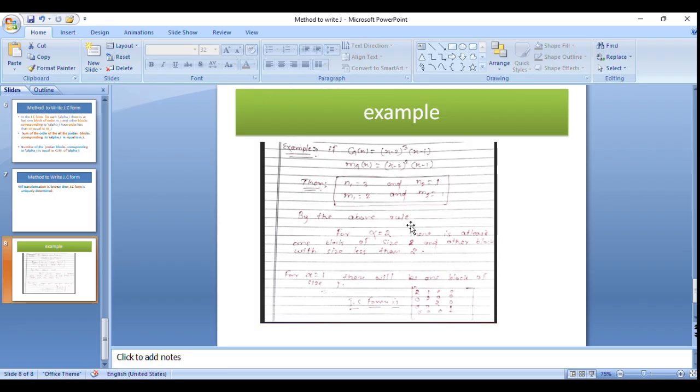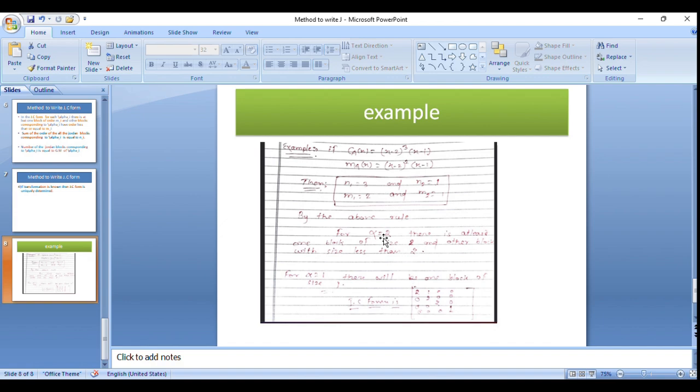By the above rule, the eigenvalues here are 2 and 1. Corresponding to the eigenvalue 2, at least one block of the Jordan canonical form should be of size 2, because that is the power in the minimal polynomial corresponding to alpha equal to 2.